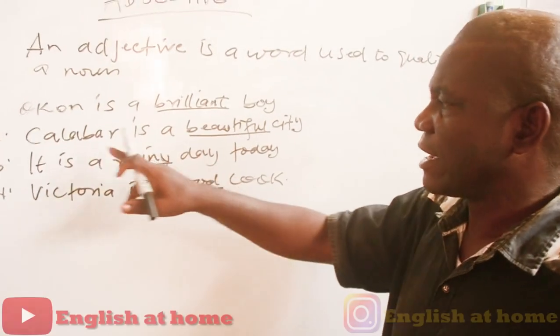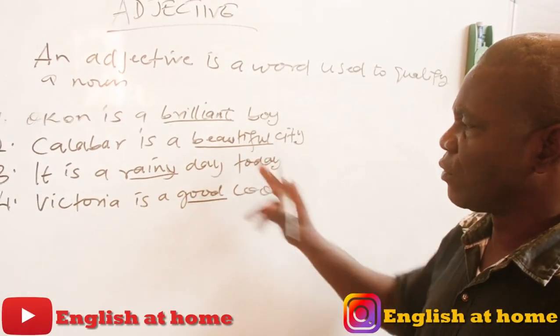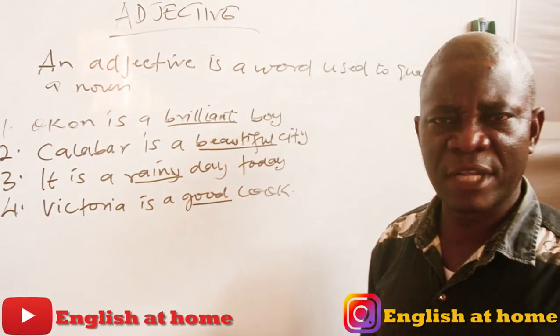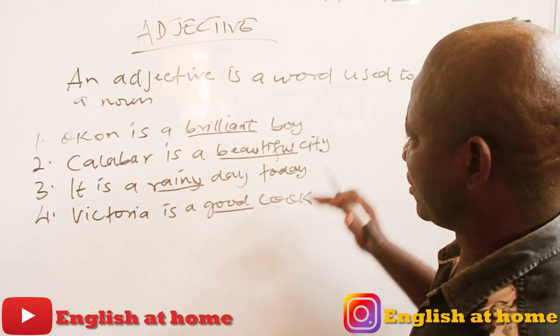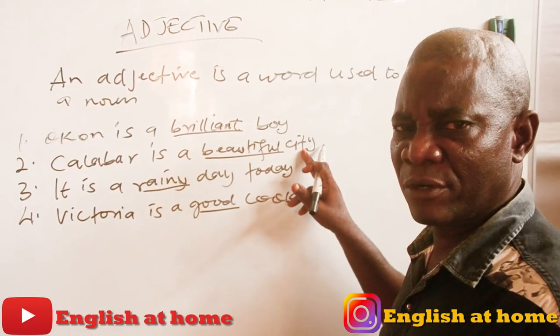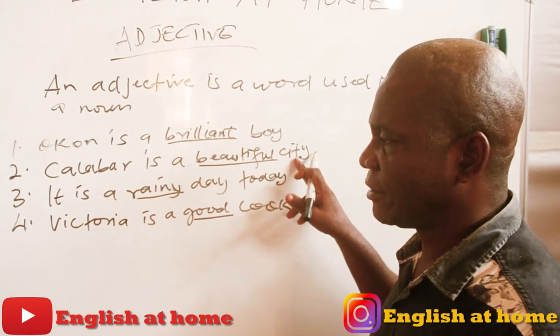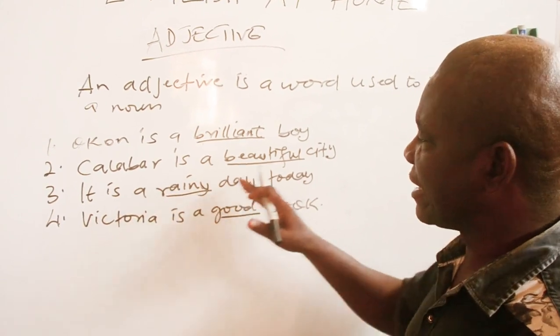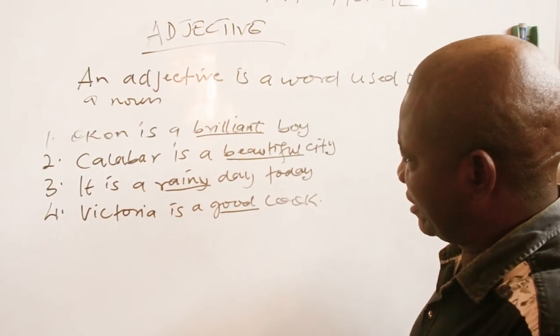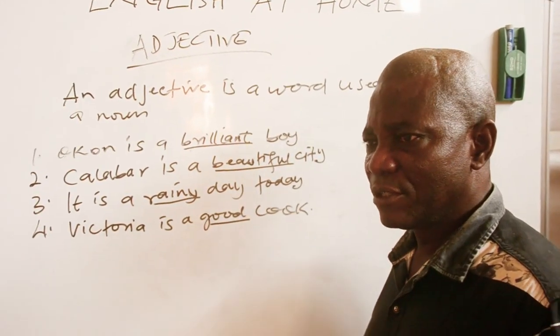So it's an adjective. Calabar is a beautiful city. Without the word beautiful, we all know that Calabar is a city. But when we say that Calabar is a beautiful city, this has told us more about the city called Calabar. So beautiful is an adjective. It is a rainy day today. We can say it's a day. Today is a day.